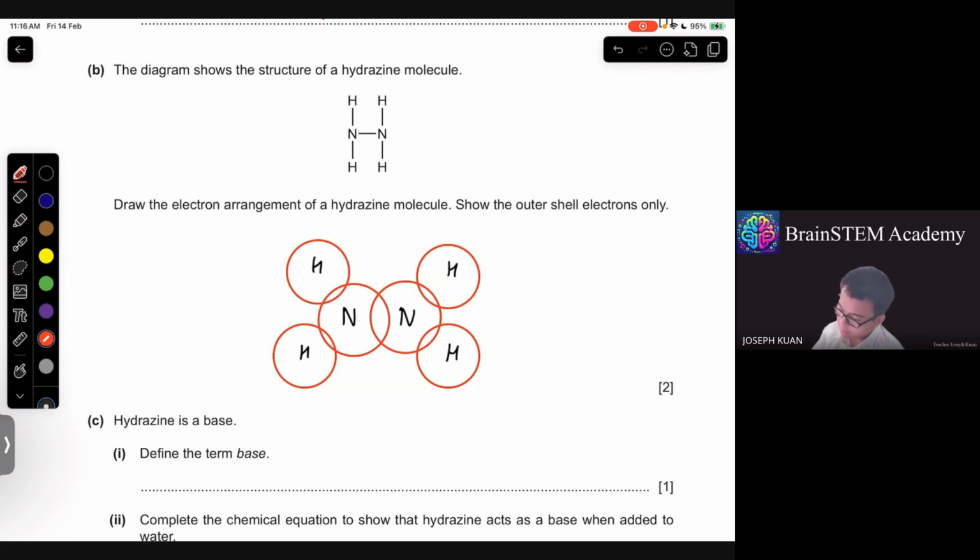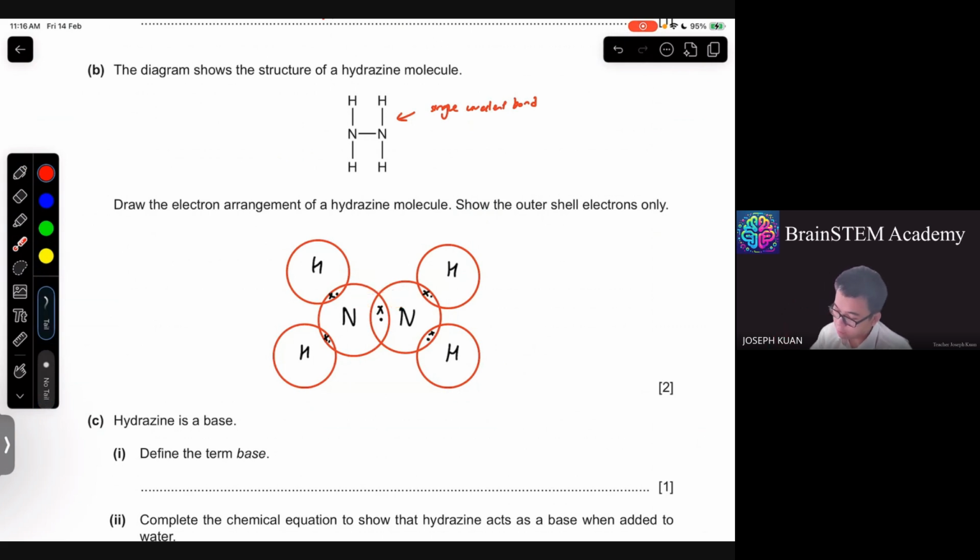Each line represents a single covalent bond, which means 2 shared electrons. So 2 shared electrons with hydrogen, 2 shared electrons with hydrogen, 2 shared electrons with hydrogen, 2 shared electrons with hydrogen, and then here are 2 shared electrons between these 2 nitrogen atoms.